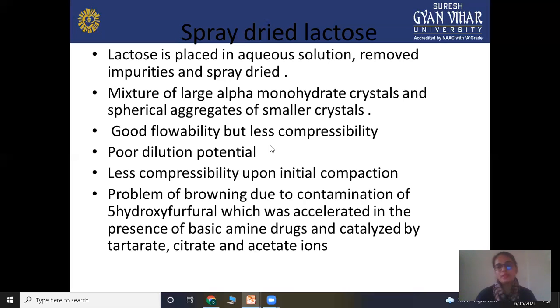It's a more pure form and does not contain any impurity, but there are certain disadvantages: it also shows certain browning of the color, or color changing problem, when you use this spray dried lactose with certain amine group drugs, or tartrate or citric acid ion type drugs. In this condition it shows decoloration or may show certain problems, and otherwise it is better than simple lactose.